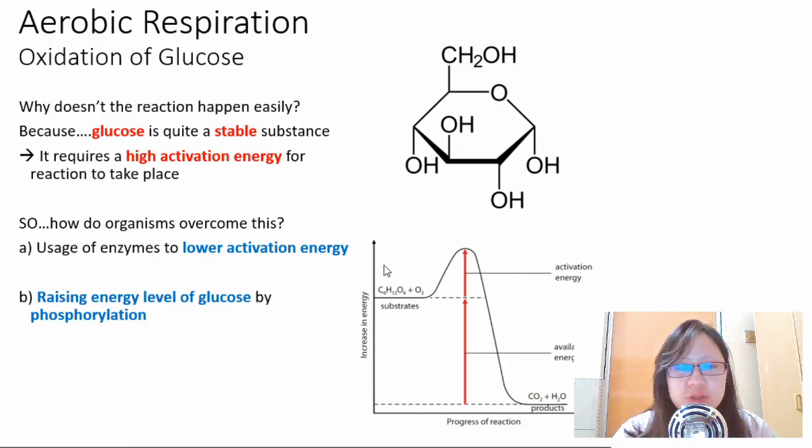We can actually speed up the rate of reaction. Now, what do we mean by phosphorylation? We mean adding a phosphate group to the glucose molecule in order to carry out the reaction. We will see an example of this in the first stage, which is glycolysis.